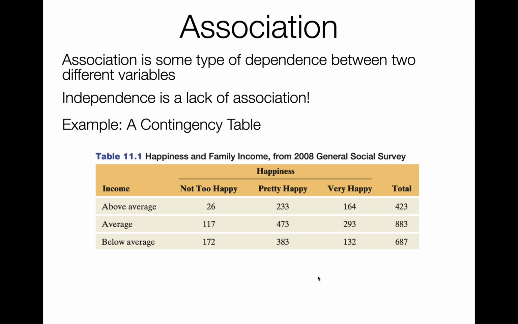The data originally looked like they asked a bunch of people their income, not actual income, but whether their income was above average, average, or below average, and also their happiness level of not too happy, pretty happy, and very happy. There are a lot of people who answered those questions. I want to view both of them together, not as a long bunch of responses, but to see how many times people answered the same in both categories. That's a contingency table. Okay, so hopefully that's pretty clear. I'm sure my explanation there didn't make it any clearer, but oh well.